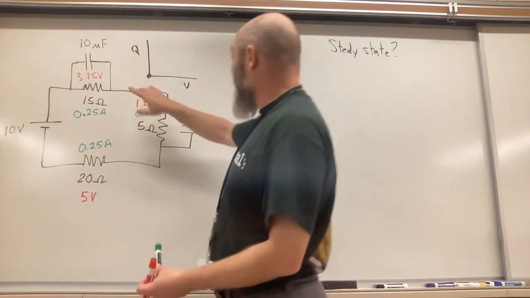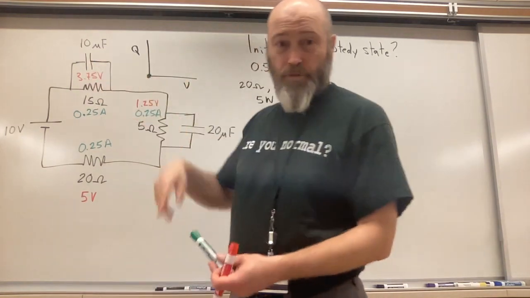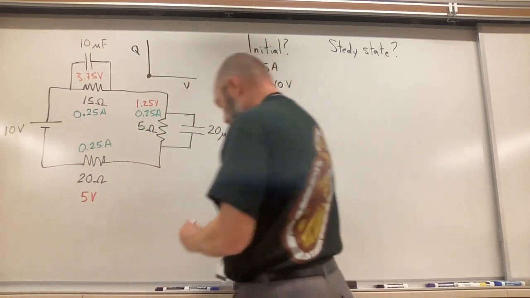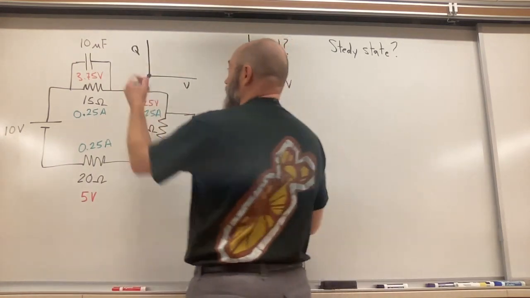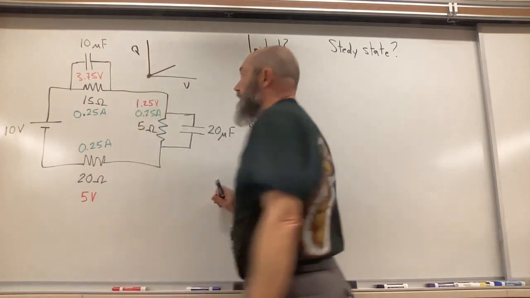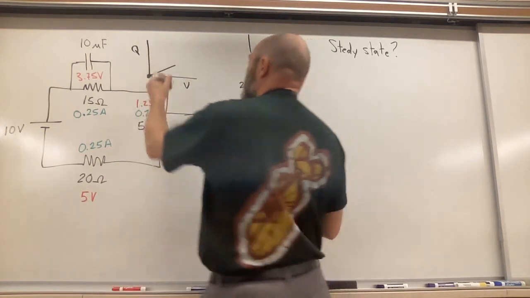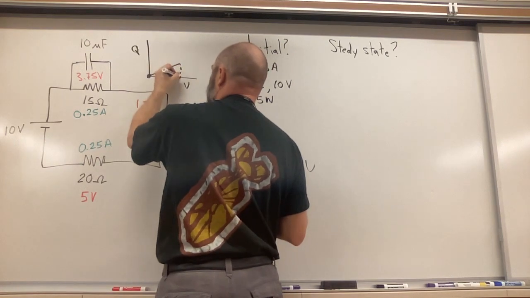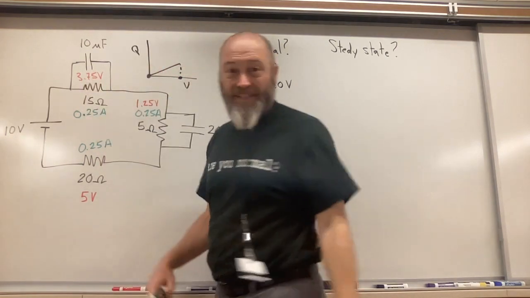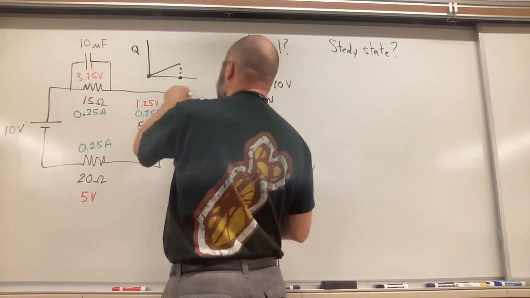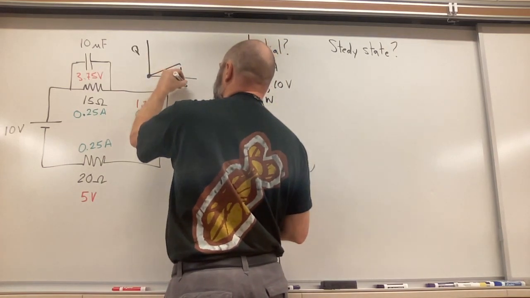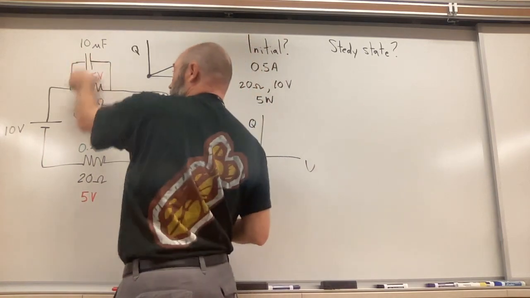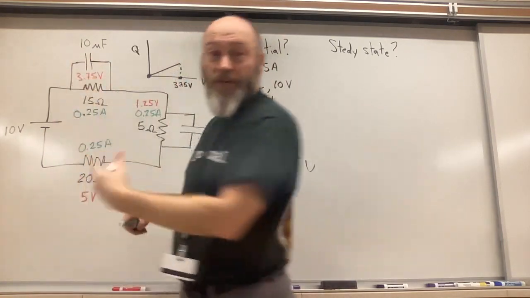Now, if I was to ask you about the capacitor, this capacitor, we've got to a point where the slope represents the capacitance, and this value right here would be 3.75 volts, because I am across that resistor, that's the voltage of that resistor.